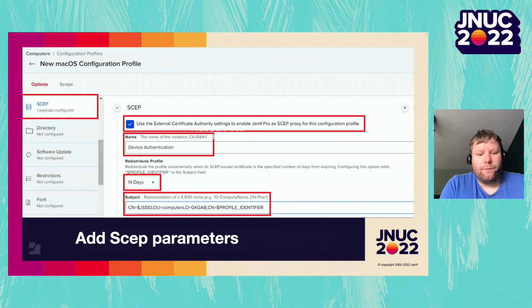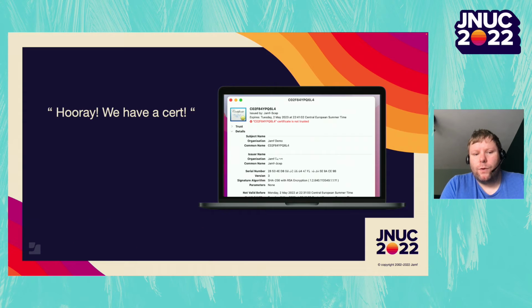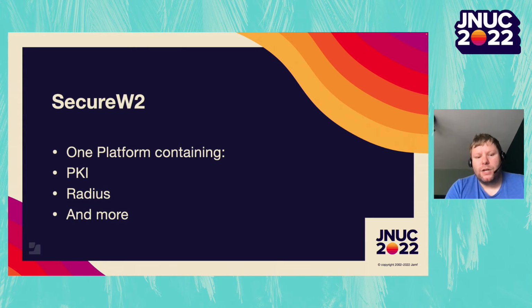It's not that big of a thing. It just really depends on your choice. And then if you scope it to the right computer group, you save it, we have profit. We have a certificate. So that, my friends, is the way how we would do it in the Azure way. So that one is all condensed into the Azure platform.